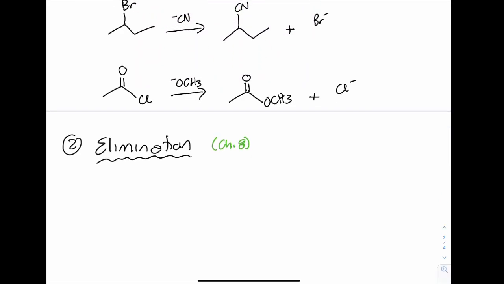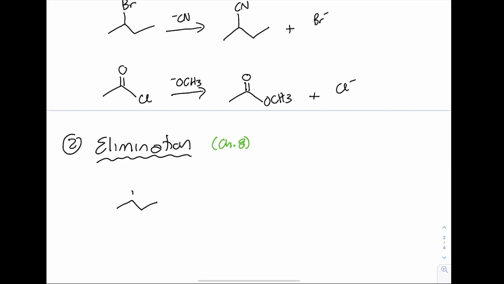So I'm going to draw a generic version first. I'm putting an X and a Y on here. X doesn't have to be a halogen. I'm just using two different things. And we're going to end up eliminating both of those and forming a pi bond between them. They don't necessarily have to be bonded to each other, but they would be eliminated, so they would also be a product.